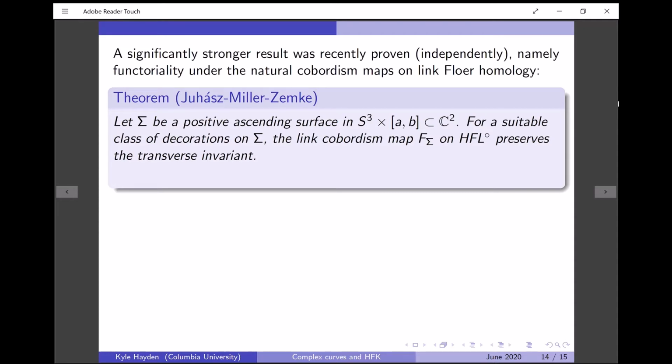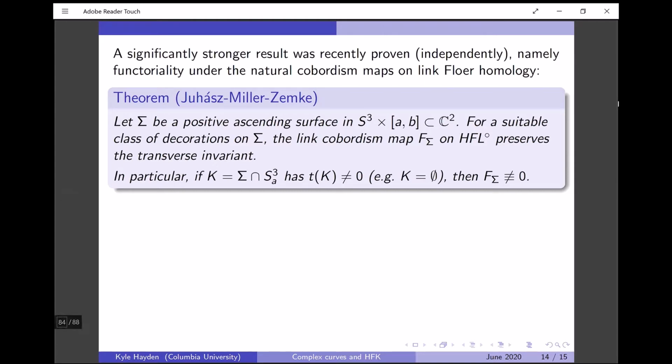So that is, if sigma is a positive ascending surface in a thickened three-sphere, then for a suitable class of decorations on sigma, the link cobordism map associated to this decorated surface preserves the transverse invariant. And in particular, if K has non-vanishing transverse invariant, and for example, if K is empty, then that tells us the actual link cobordism map associated to the surface is non-zero.